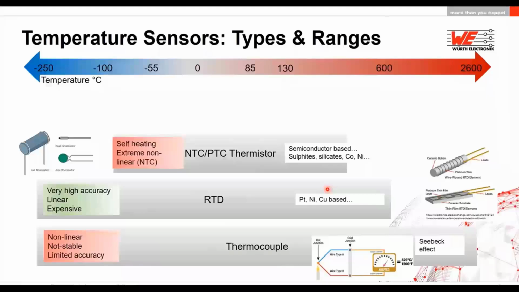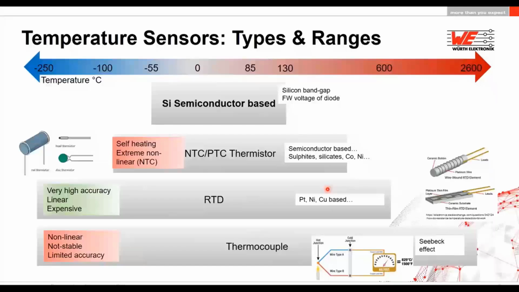These kinds of thermistors have a self-heating problem, so you have to recalibrate when the temperature is changed. Also, in dynamic temperature where your temperature is changing very fast, these kinds of temperature sensors are not recommended. Also, these are extremely non-linear, so you have to again scale based on your application.